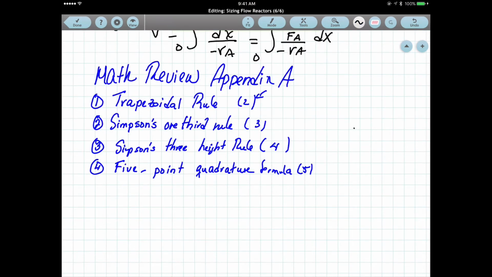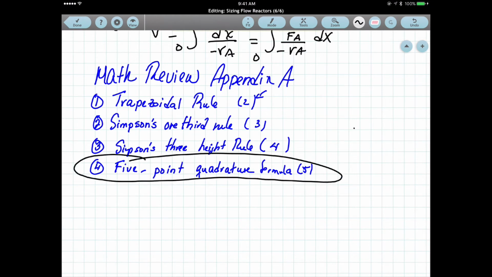For our example, we're going to use the 5-point quadrature formula. The reason is that we can define from the data 4 equal segments between conversion equals 0 and conversion equals 0.8. That segment size can be calculated by subtracting the final x, which is 0.8, minus the initial one, which is 0, over 4, because we want to space them in 4 segments.